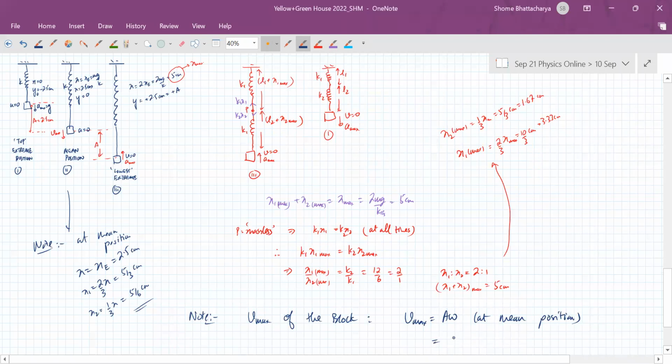So here the amplitude was 2.5 centimeters, into omega, which was 20 radians per second. That is going to be 0.5 meters per second. This is the maximum speed of the block.